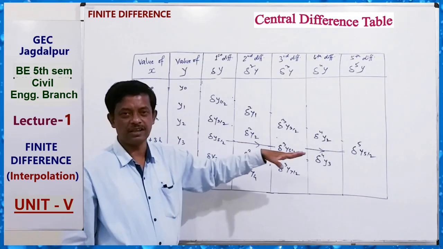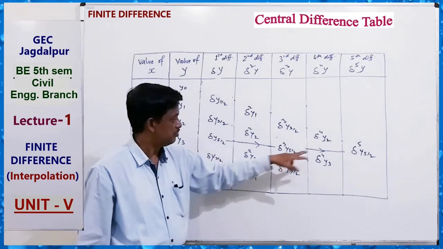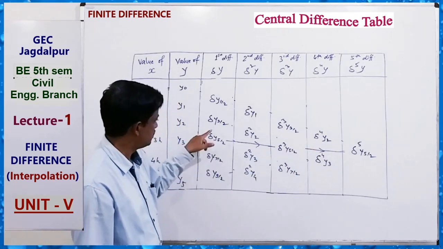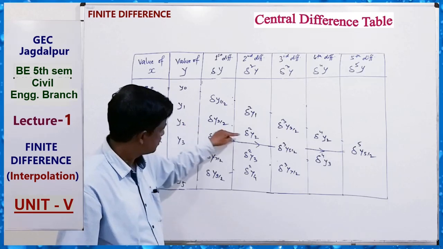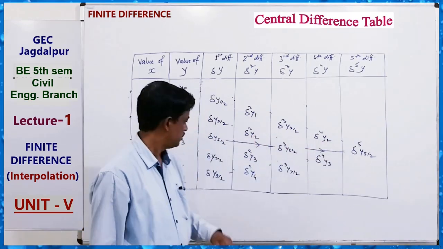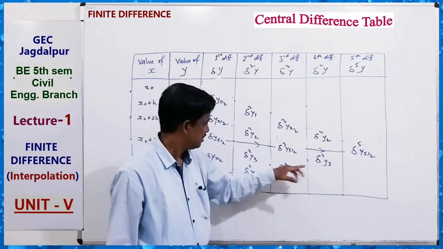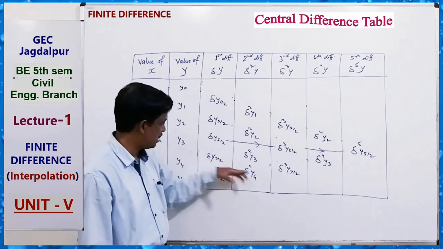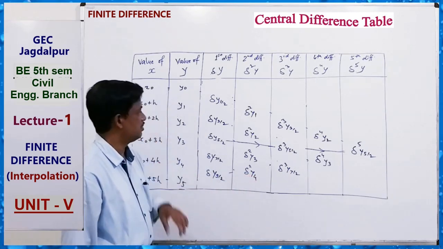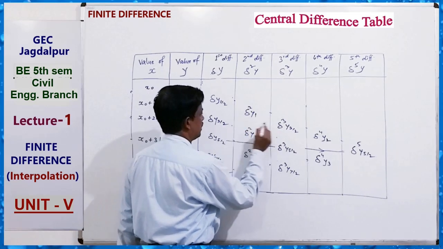All the horizontal lines give the same suffixes, 5 by 2, 5 by 2, 5 by 2. Here in this line y2, 2, in this line 3, 3, in this line 7 by 2, 7 by 2, in this line 4, 9 by 2. Here we see 3 by 2, 3 by 2, this line.